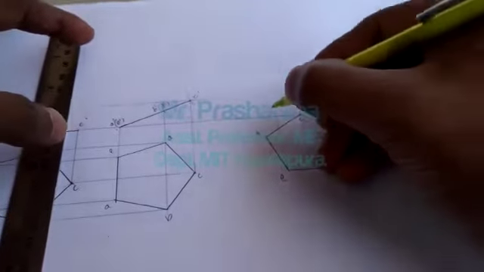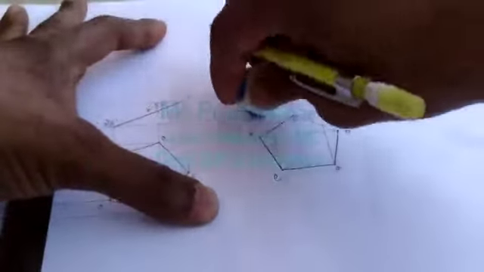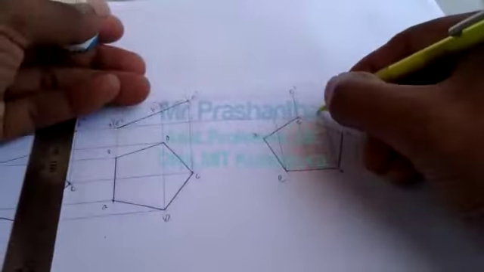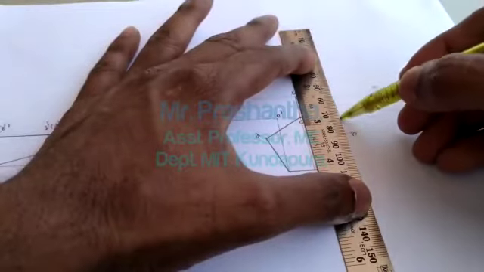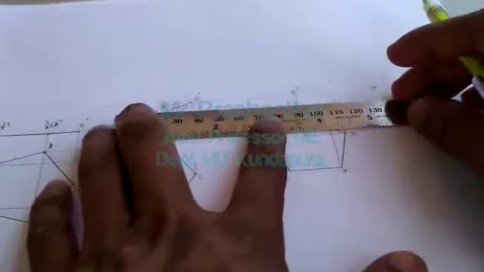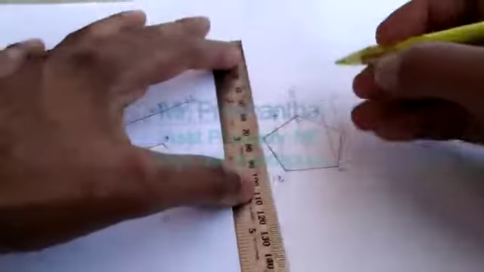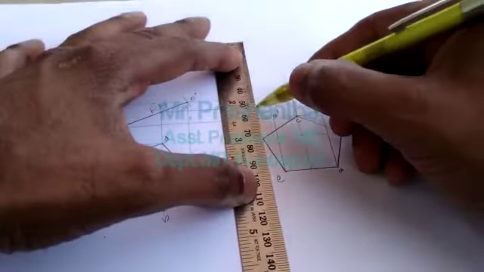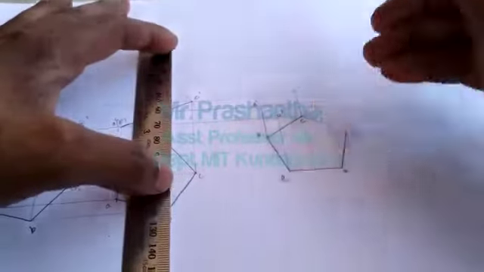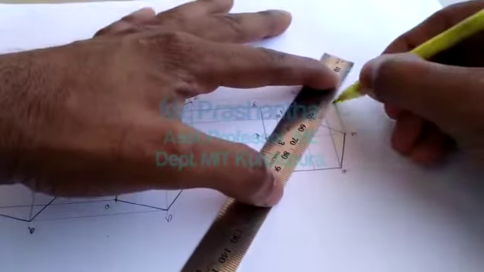This is A dash, this is E dash. Next, B and D: B to B dash, then D to D dash. Connect with visible lines.